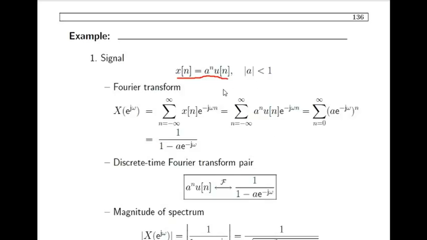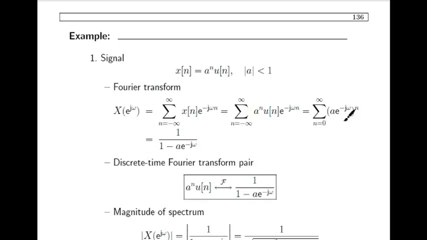Since the function u of n is valid only from 0 to infinity, the summation limit will change from minus infinity to infinity, to 0 to infinity, as you can see here. And u of n will no longer be required.